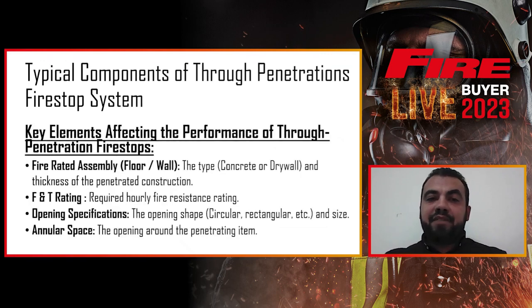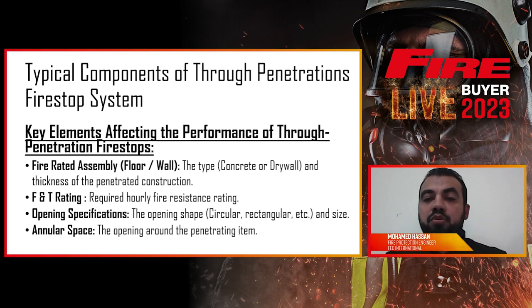The key elements affecting the performance of any through penetration firestop system. First, the fire-rated assembly, the floor or wall itself, the thickness of concrete and the type of material or construction of the fire-rated assembly.